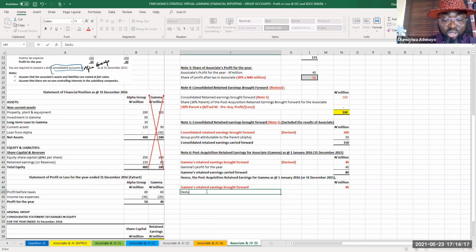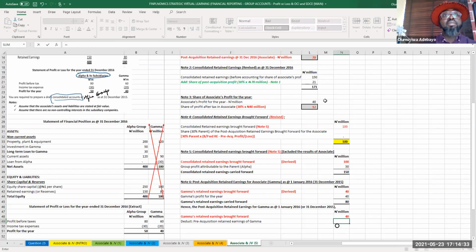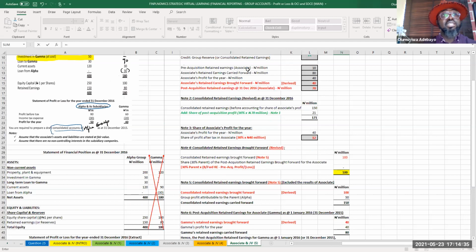I will now deduct my pre-acquisition retained earnings of Gamma. What is the pre-acquisition retained earnings of Gamma? Remember, pre-acquisition retained earnings of the associate Gamma was 10.